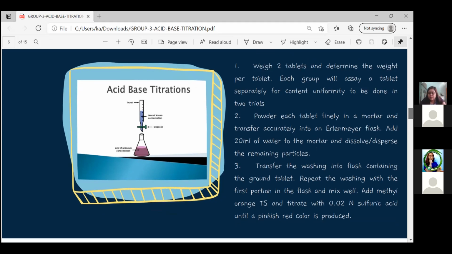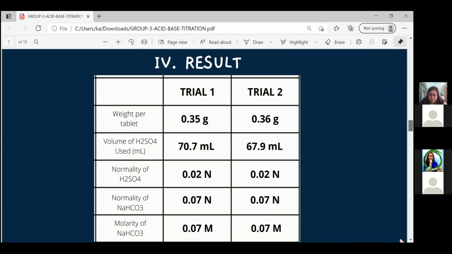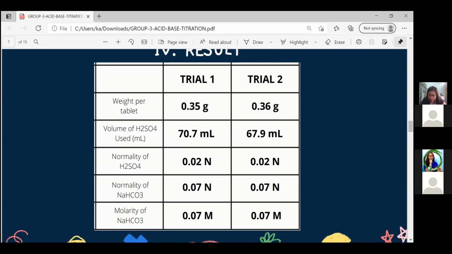Next, please. So in the result, the weight per tablet in trial 1 is 0.35 grams, while in trial 2 is 0.36 grams. The volume of sulfuric acid used in trial 1 is 70.7 ml and in trial 2 is 67.9 ml.